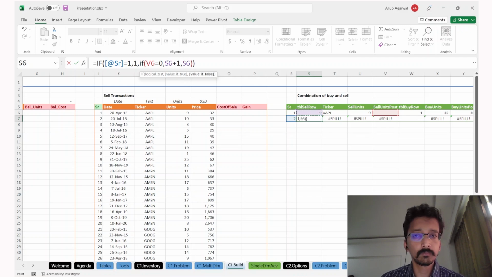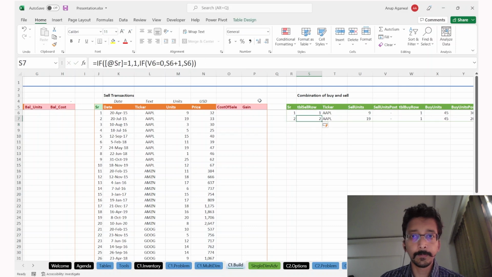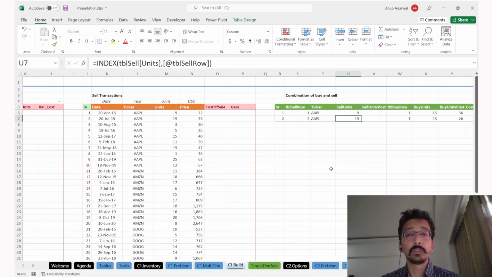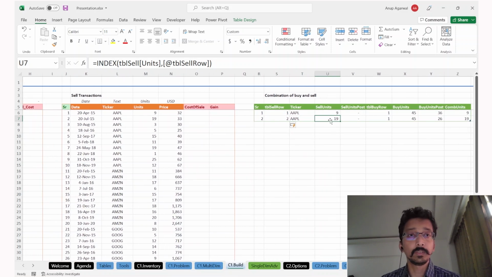Otherwise, we still need to work on this sale row. And so if I write a formula over here, it takes us to the next apple row because it's now time to work on the next apple row. And so the balance of those units which are to be sold is 19.